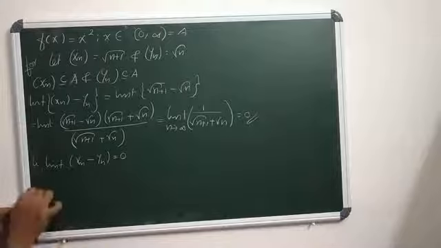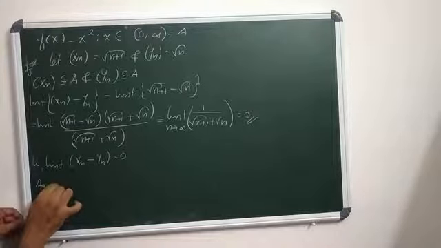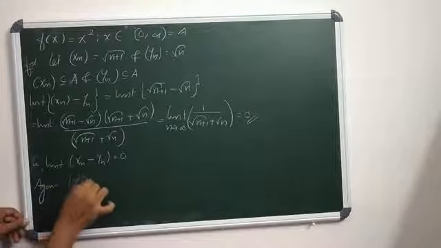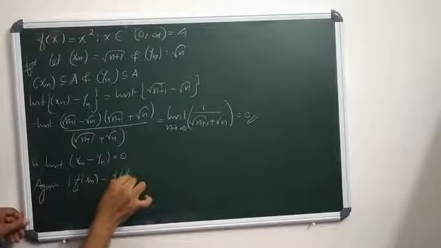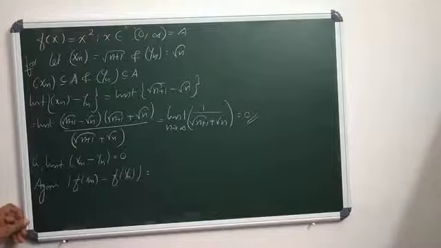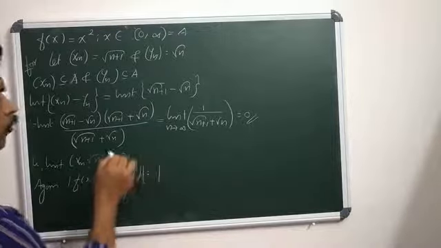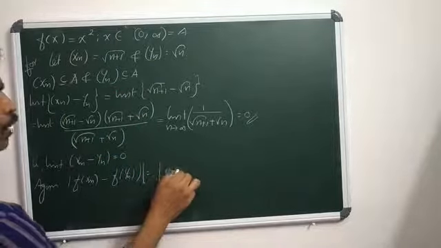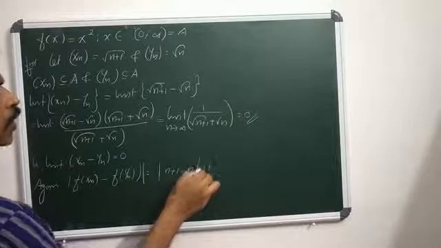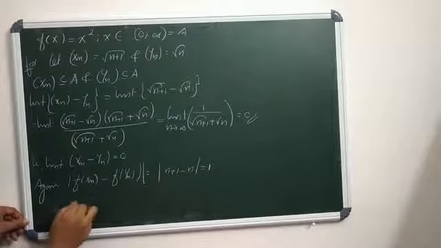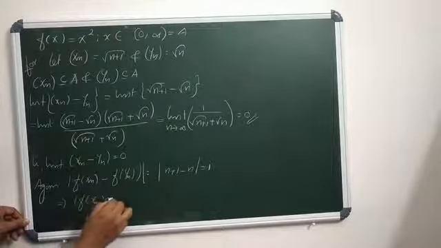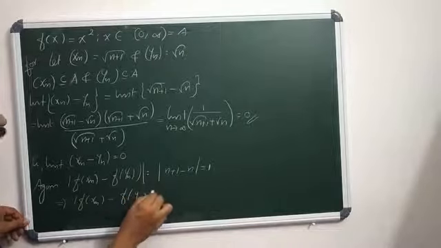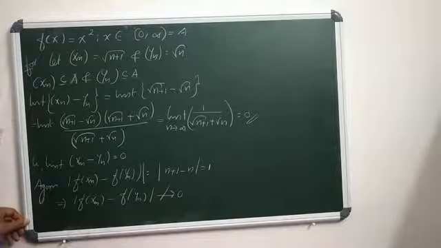Agreed. Again, what is modulus of f of xn minus f of yn? Since f of x is x squared, it is modulus of root n plus 1 whole squared minus n, which is n plus 1 minus n, equal to 1. That means modulus of f of xn minus f of yn does not converge to 0, it converges to 1, so it is greater than epsilon.